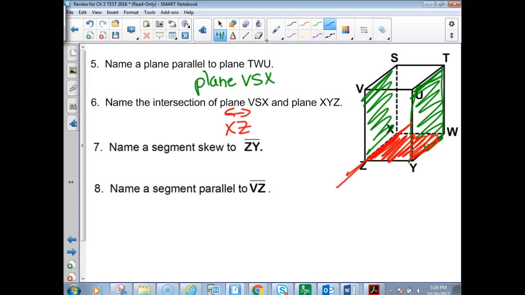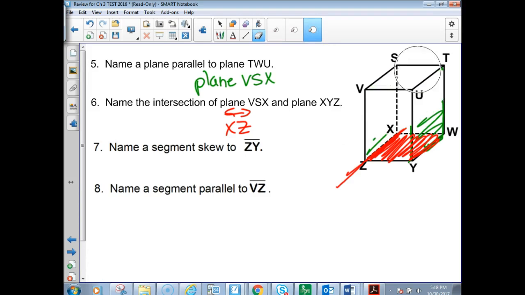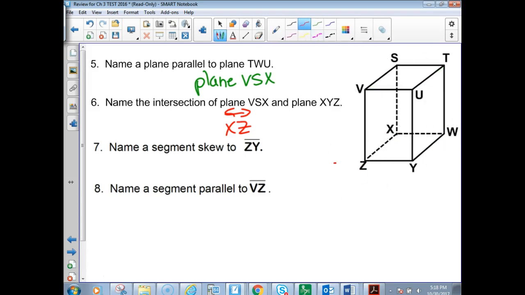Next, name a segment skew to segment ZY. Okay, I'm just erasing quite so I can show. ZY is right there. If I want a segment skew to it that doesn't run into it, SX would be an example, or TW. Can't use XW because it's parallel to it. Can't use ST because it would be parallel. But then I can go this way.